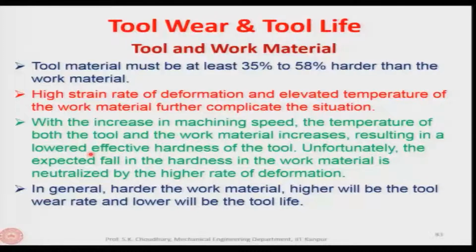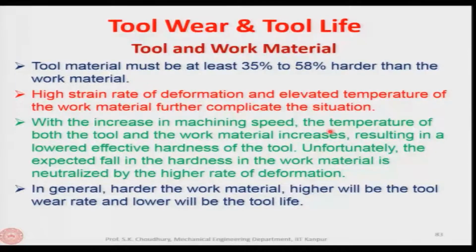Now, on the tool and the work material, the phenomena is very interesting in the sense that tool material must be at least 35 to 58% harder than the work material. This has been established by experiments, and the high strain rate of deformation and the elevated temperature of the work material complicate the situation in a way that with the increase in machining speed, the temperature of both the tool and the work material increases.